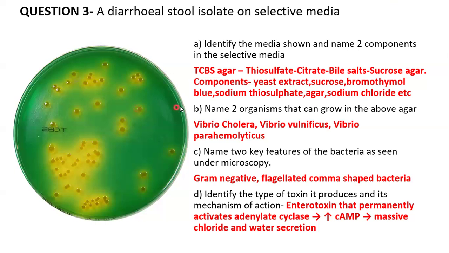Then the bromothymol blue is a pH indicator. So once acid is produced, it is going to give that yellowish appearance of the bacteria. Basically just a pH indicator. Clear?